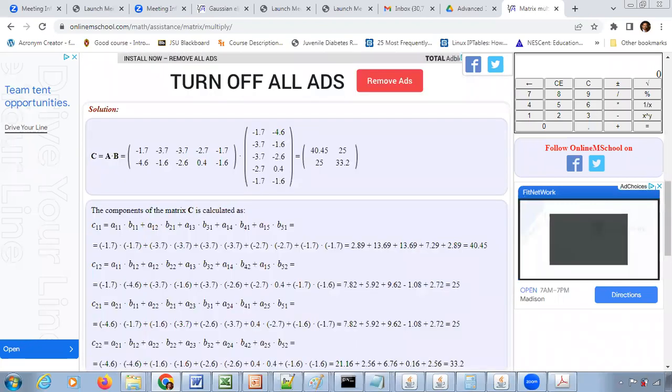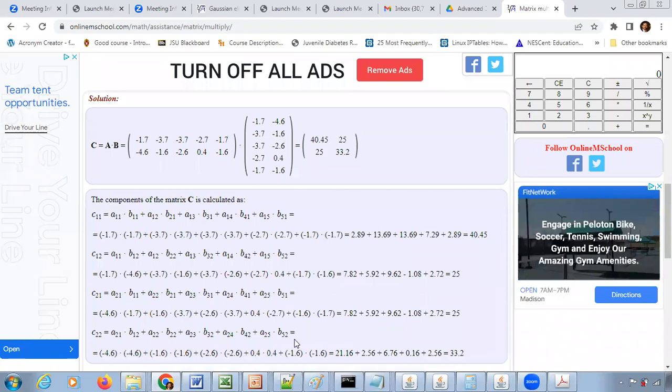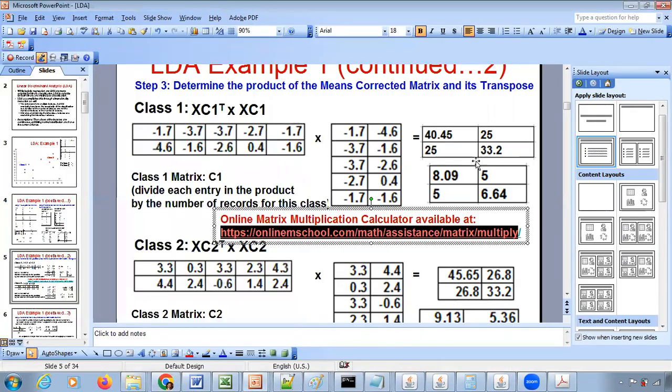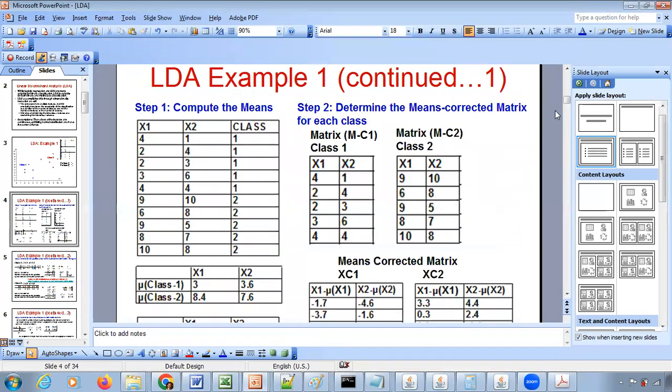It's going to do the math and give you the result, which is 40.45, 25, 25, and 33.2. That's what I have here. And then once you get the actual product, you divide each entry in the product matrix by the number of records for this class. This class 1 has 5 records.